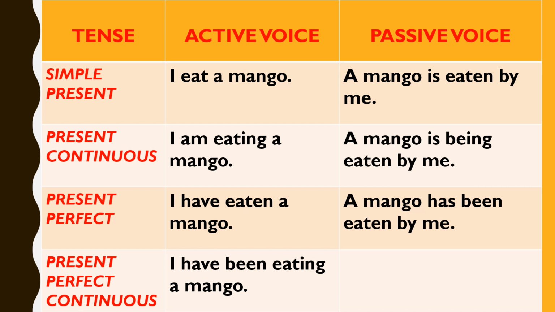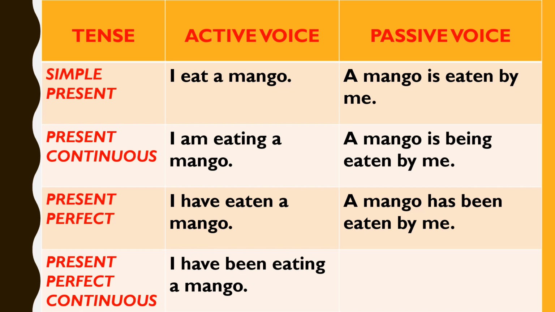And what the sentence in active voice is conveying, the same sense or the same meaning should be conveyed in the passive voice also. And another point to be kept in mind is you should never change the tense. That is to say, if this is in present tense, in passive form also it should be in present tense only. Please don't get confused with the rules of reported speech, right?